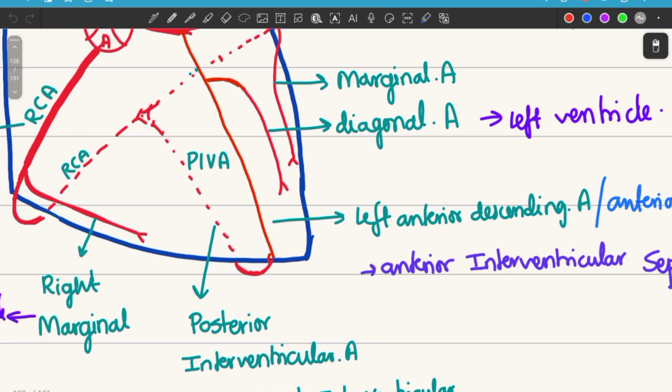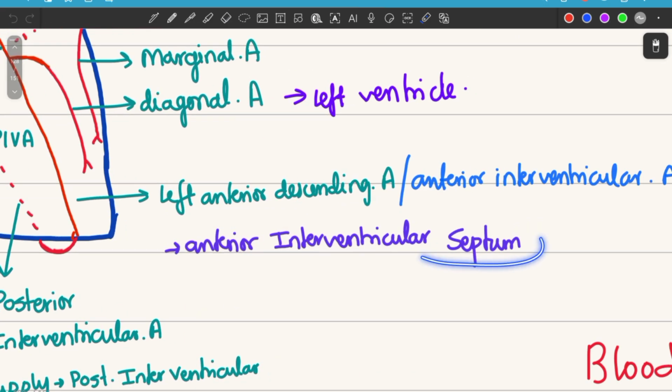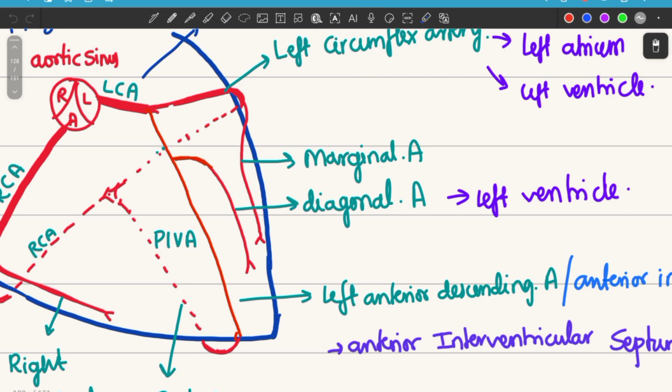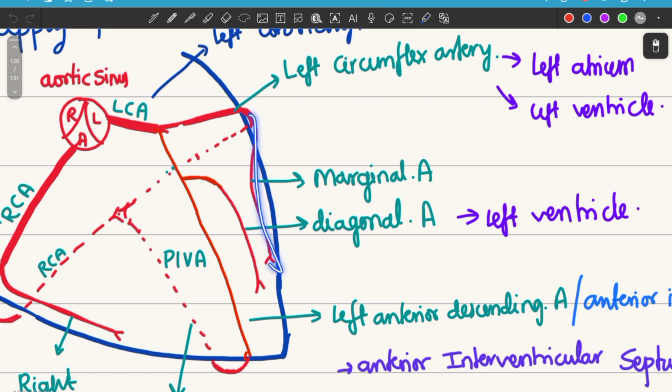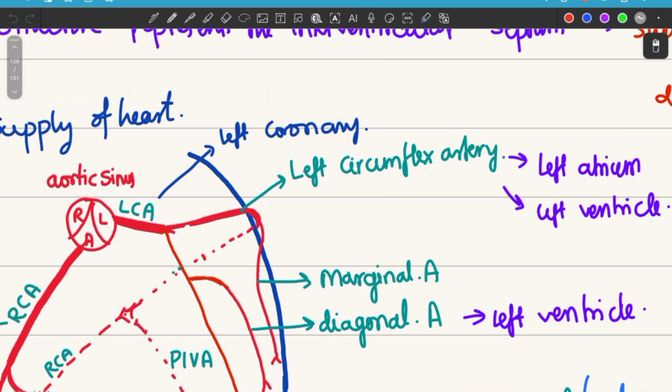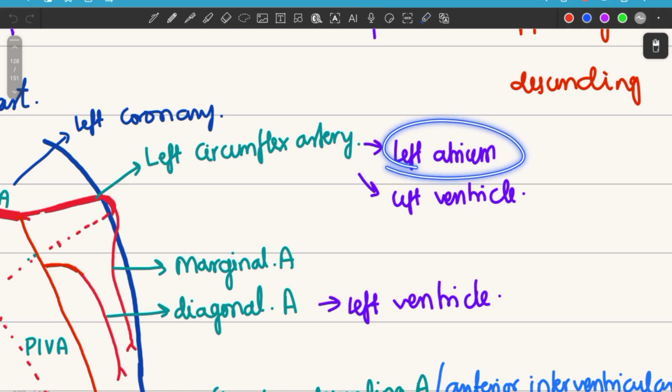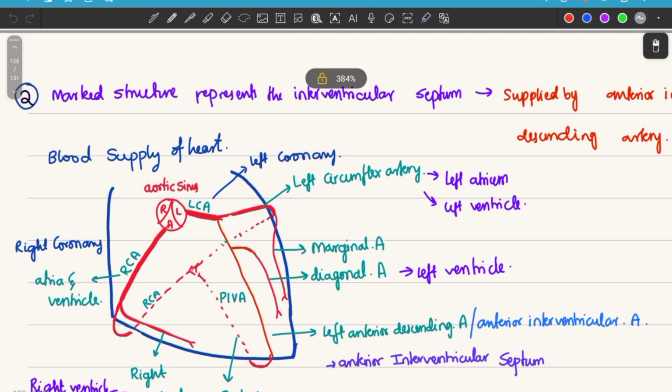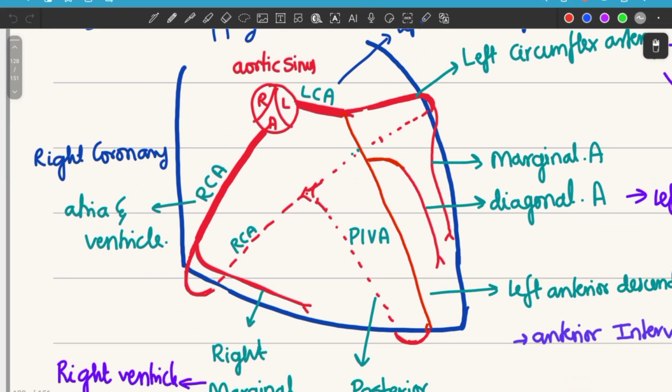This supplies the anterior interventricular septum. Here another branch will come, the diagonal branch, which supplies the left ventricle, and this marginal branch also supplies the left ventricle, whereas the circumflex artery supplies the left atrium and also the left ventricle, and it will go backwards.